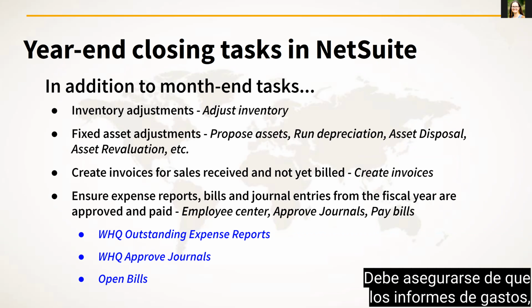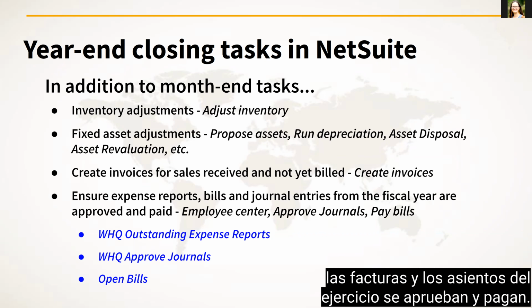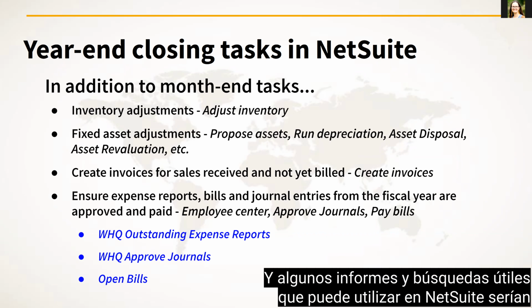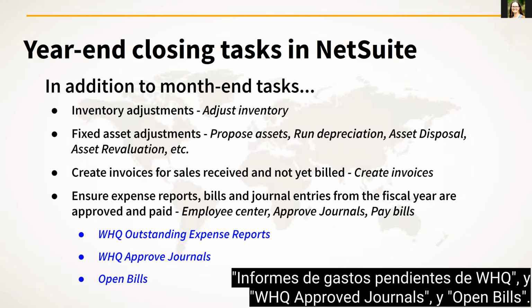You should ensure that expense reports, bills, and journal entries from the fiscal year are approved and paid. And some helpful reports and searches you can use in NetSuite would be WHQ Outstanding Expense Reports and WHQ Approved Journals and Open Bills.